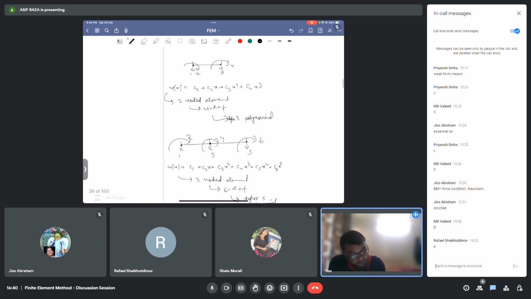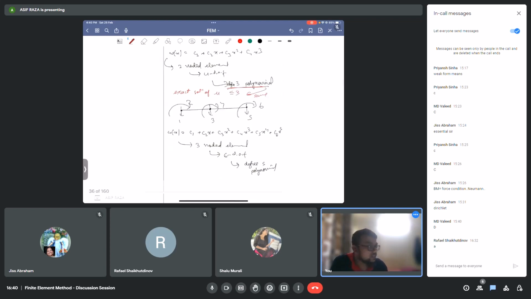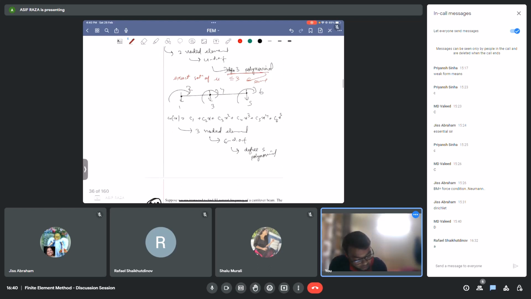So what does this imply? When we take a 2 noded element, it has a degree 3 polynomial. So if the degree of my exact solution is less than or equal to 3, then this approximated solution will give me the exact solution, right?